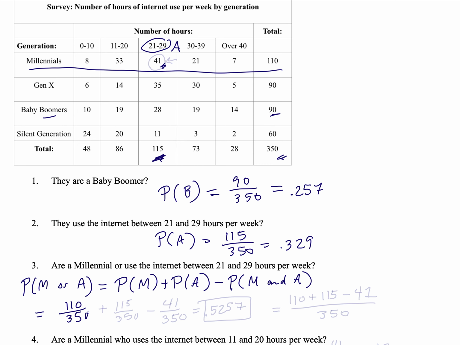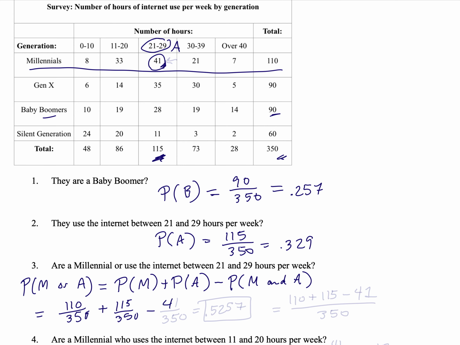The probability of A, we already found above, the probability that they use the internet between 21 and 29 hours per week is 115 out of 350. And then we want to subtract off the probability that both of those things are true, because those 41 people were both counted as millennials and they were counted as people who use the internet between 21 and 29 hours per week.